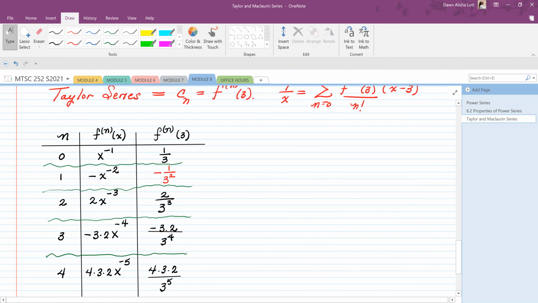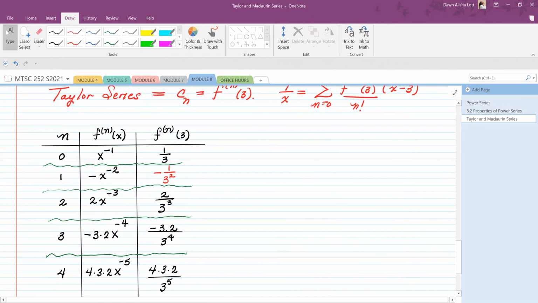So I think that looks pretty good. Continue my line down here. And so therefore, I believe that this is n factorial times minus 1 to the n divided by 3 to the n plus 1.